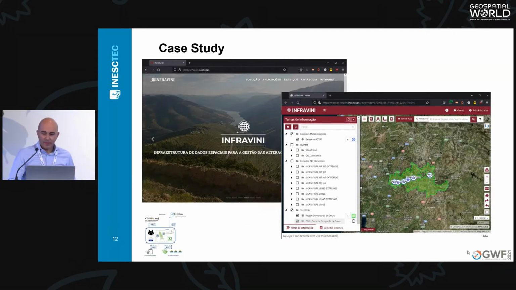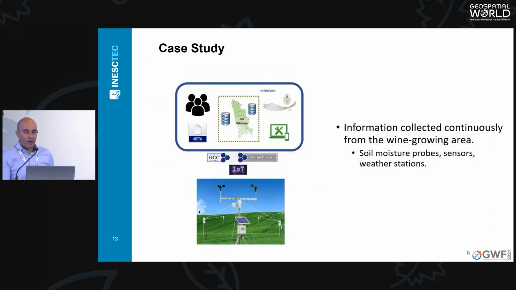Here we have some illustrations of the interface that gives us access to this kind of information that I was talking about. Well, another set of data, of course, is the information that we collect continuously from the wine growing area, and this is obtained through the soil moisture probes, the sensors, the weather stations that are placed on the ground.